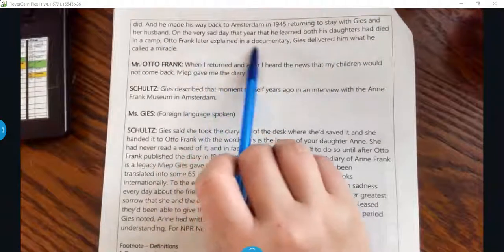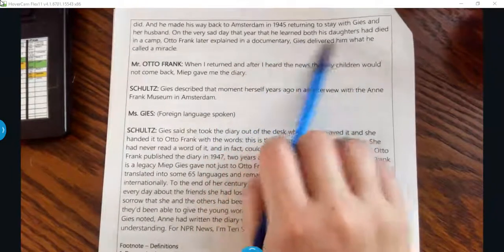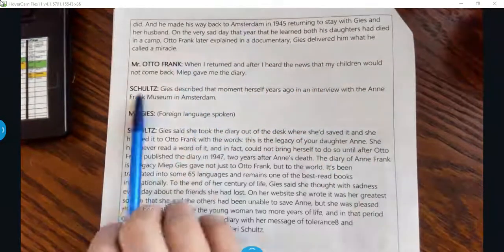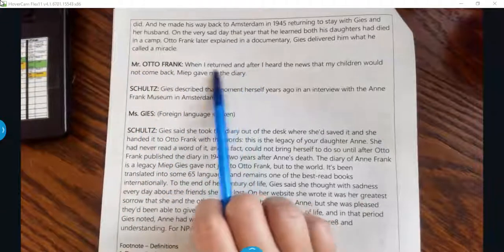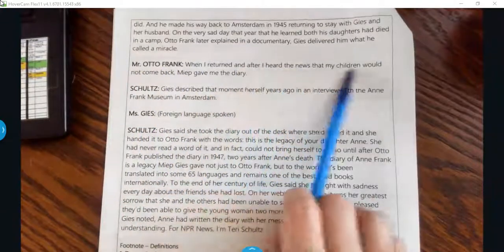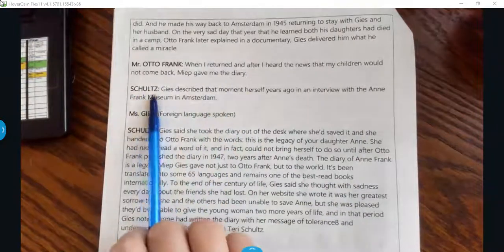Otto Frank later explained in a documentary, Gies delivered him what he called a miracle. Otto Frank: When I returned and after I heard the news that my children would not come back, Miep gave me the diary.